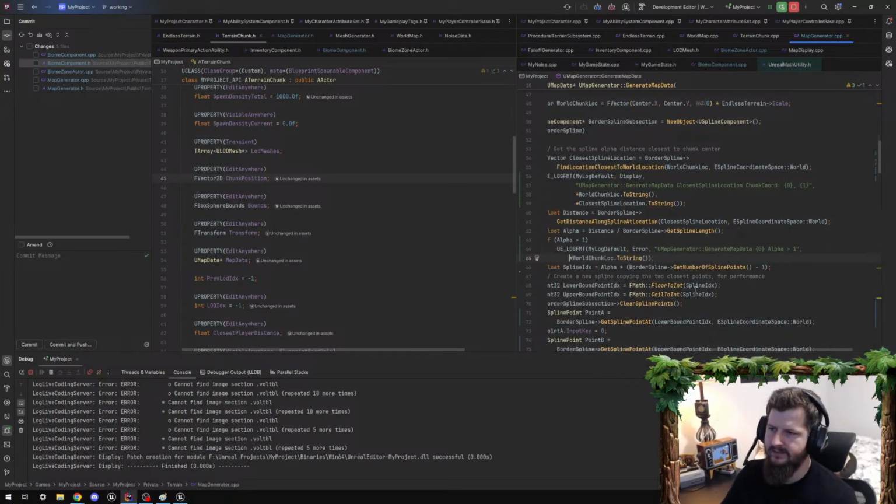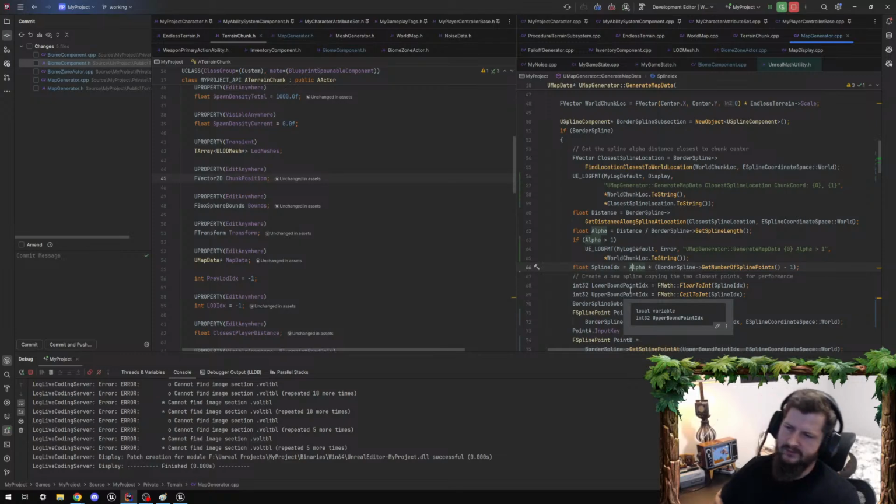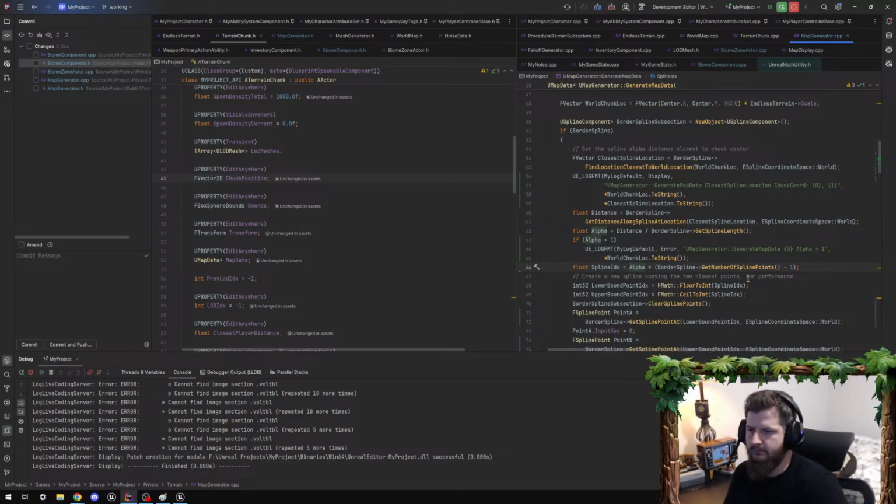So that's an easy way to tell if the alpha is wrong. But then I take alpha times border spline, get number of spline points to get the spline index.